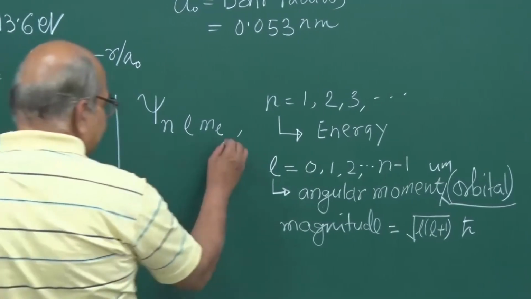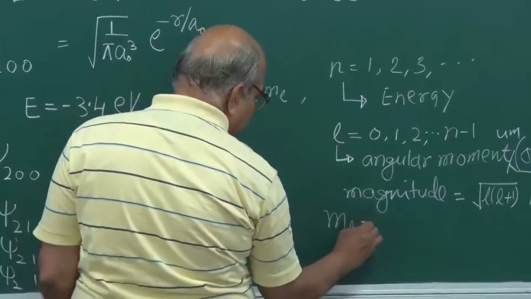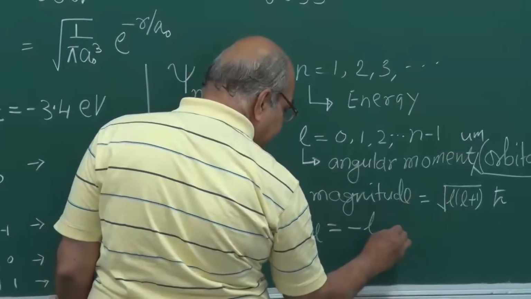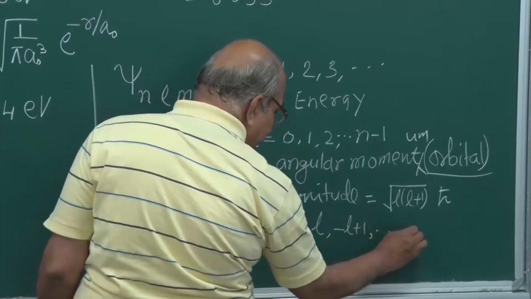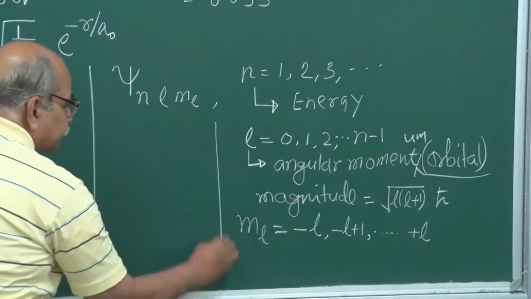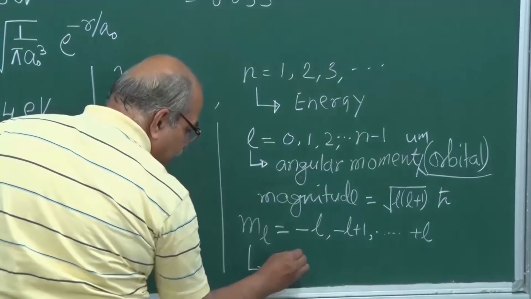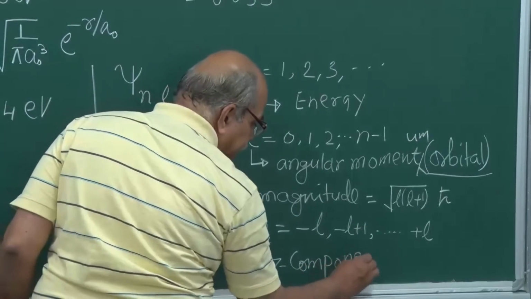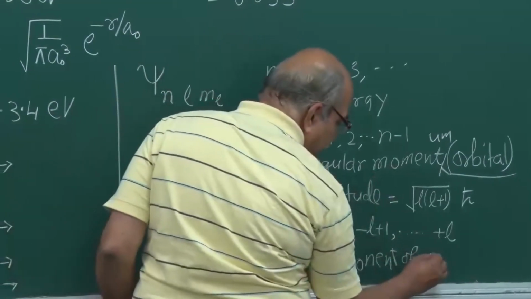And then the third one, this ml, should go from minus L in steps of 1, so minus L plus 1 and so on, and should end at plus L. And this is related to the z component of this orbital angular momentum.